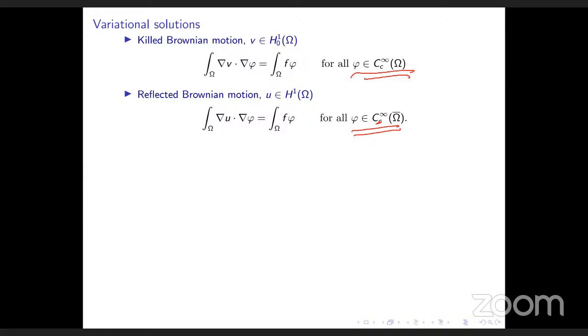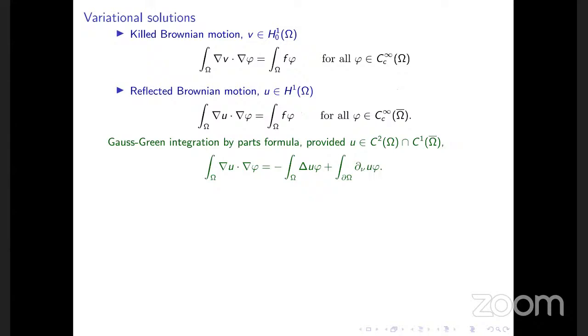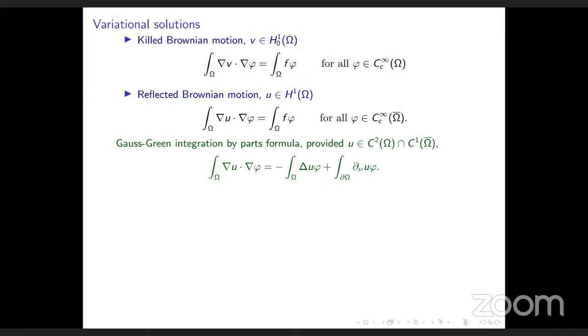And somehow, the important point here that one always considers is the Gauss-Green formula, which allows us to say that if you have a classical solution, then you can make your integration by parts, and then your weak solutions will become classical solutions.